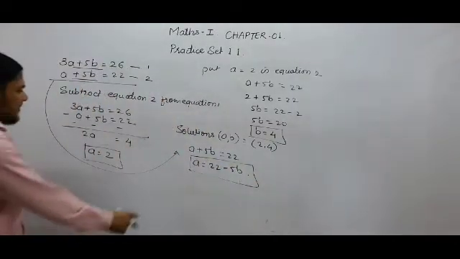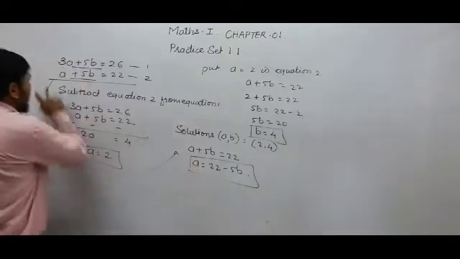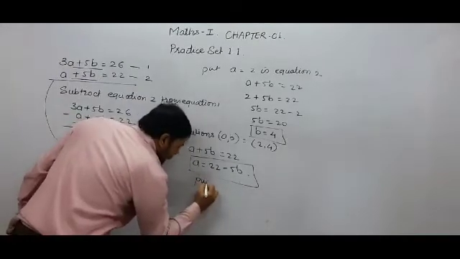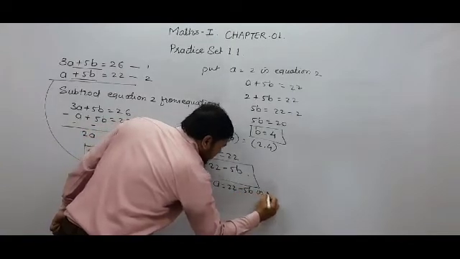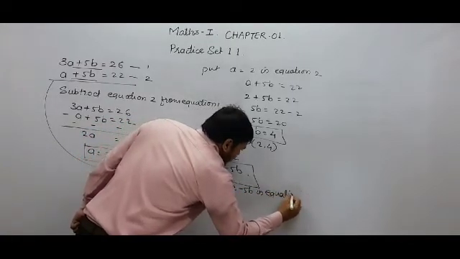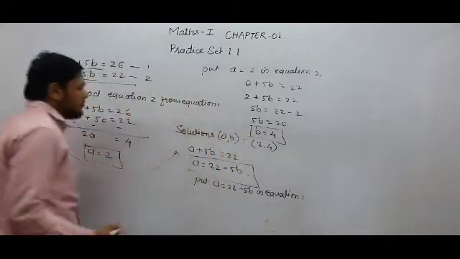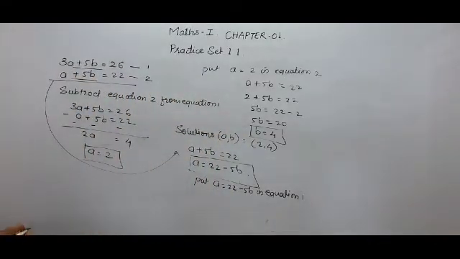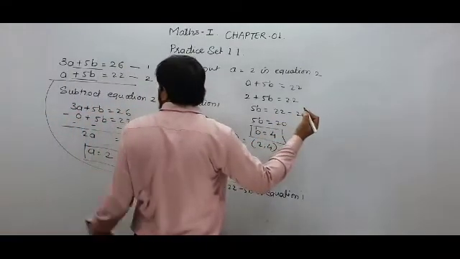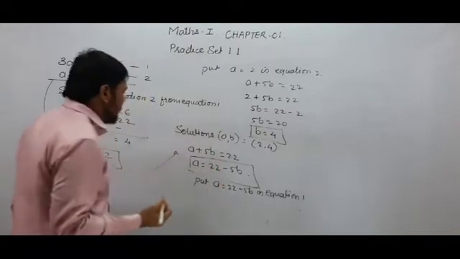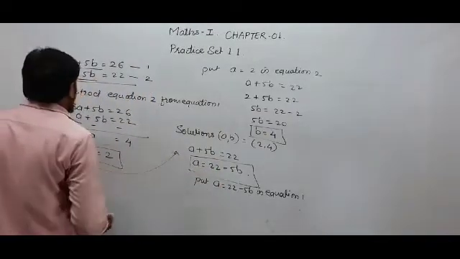Now student, in this equation we have expressed the value of a in terms of b. Let's put this value of a in equation 1. So put a equal to 22 minus 5b in equation 1. While putting this value, we will get the value of b, because a is eliminated there. This is the alternative method I am doing here.